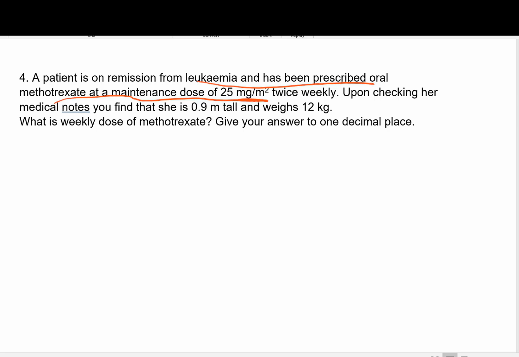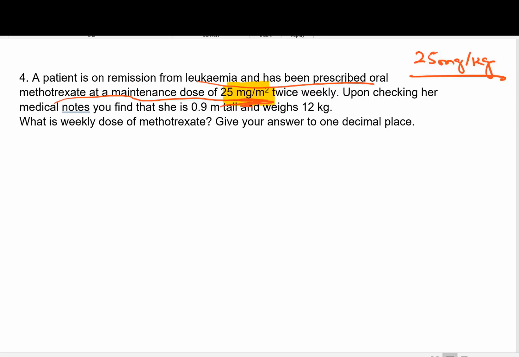And if the dose is based on body surface area, it's written like this: 25 milligram per meter square. You remember that in the previous questions we have seen doses based on weight, something like 25 milligrams per kg. That means that dose is based on weight. If the dose is given as 25 milligrams per meter square, this dose is based on body surface area.